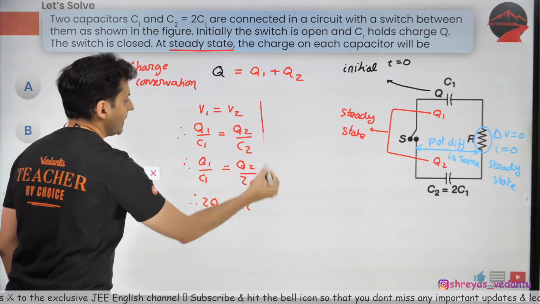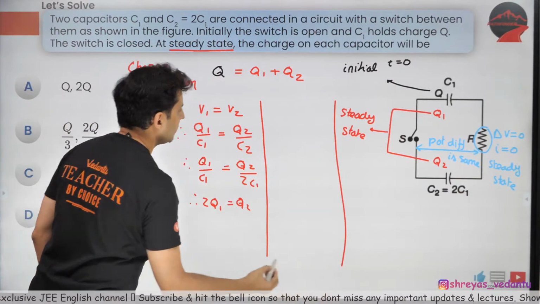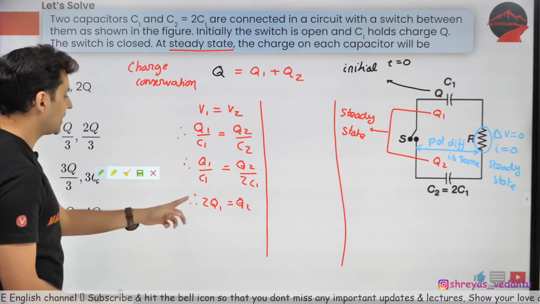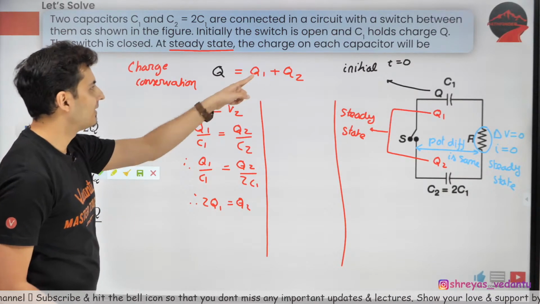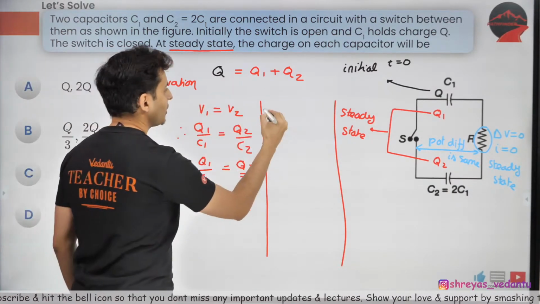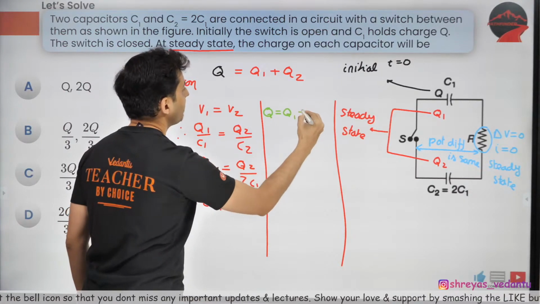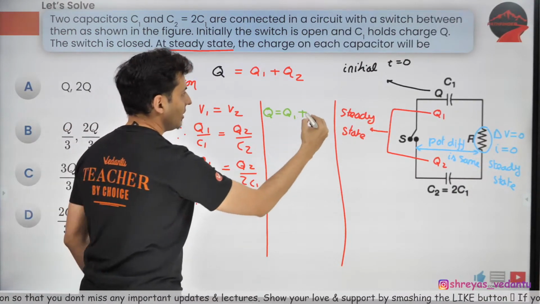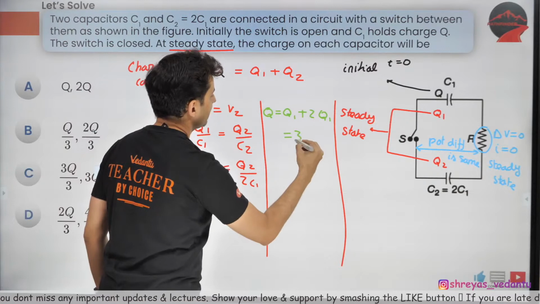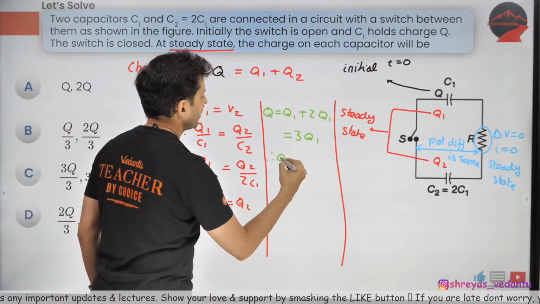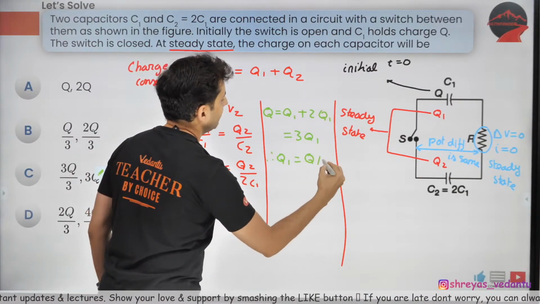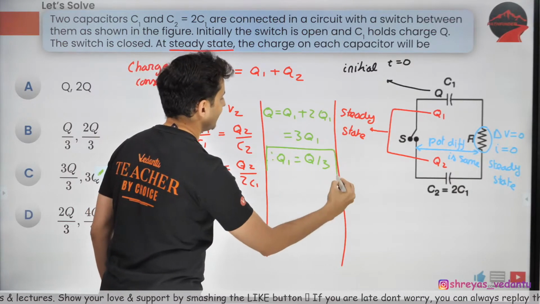Fair enough. Now I think the only step left over here is just substituting this value of Q2 over here and see what do we get. Q is equal to Q1 plus Q2. Q2 is 2Q1, which is 3Q1. Therefore, Q1 will be Q divided by 3. This is the first answer.